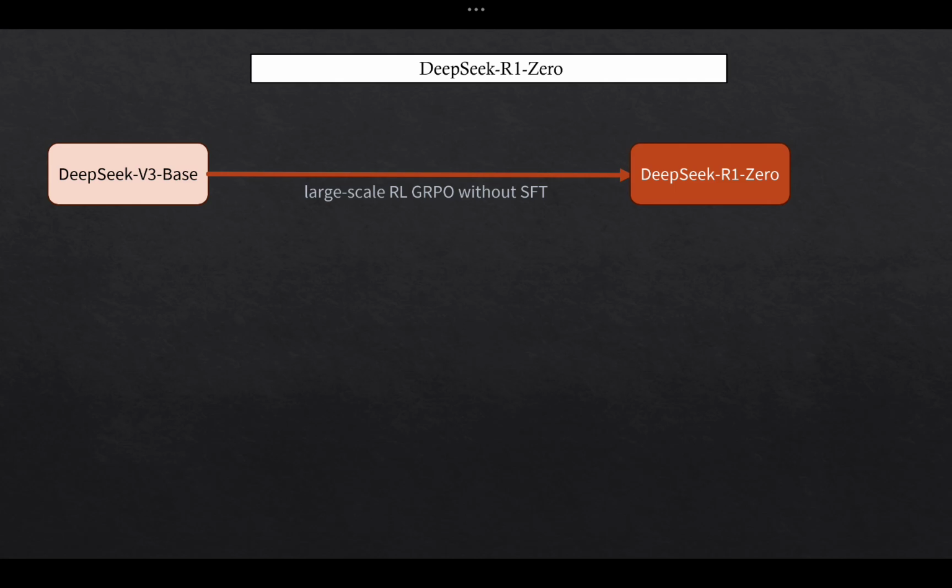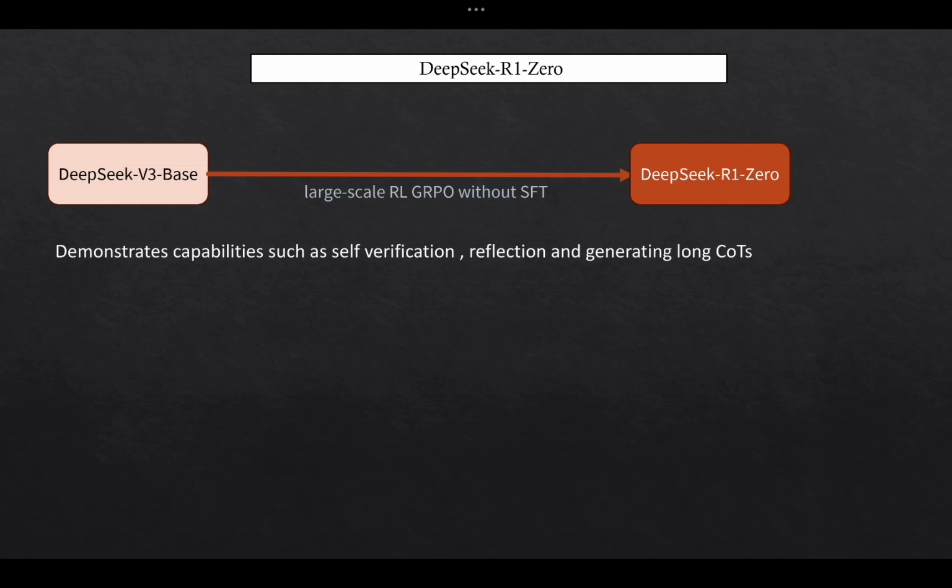We will talk in detail about what GRPO is, but let's see a few of the characteristics of DeepSeek R1-Zero. Once this model goes through large-scale RL using GRPO, it demonstrates capabilities such as self-verification, reflection, and it can also generate long chain of thought.